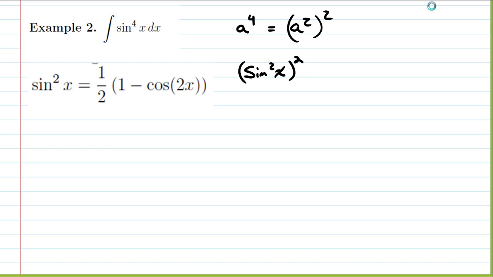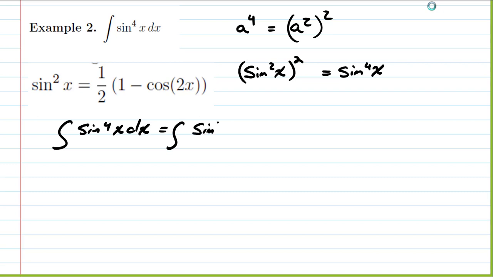So sine squared squared is the same as sine to the fourth. So using that, we have the integral of sine to the fourth of x dx is the same as the integral of sine squared x squared dx.